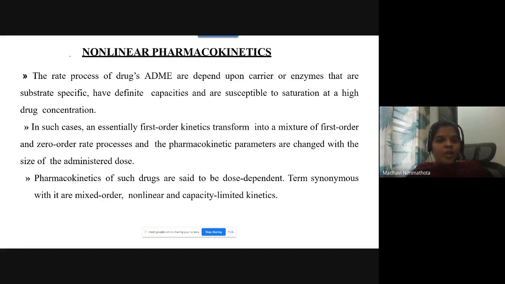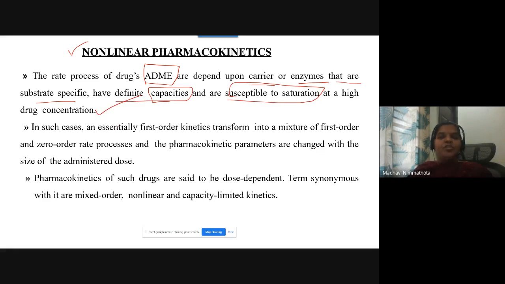Then what do you mean by non-linear pharmacokinetics? The rate processes of drug ADME depend upon carriers or enzymes that are substrate specific, have definite capacities, and are susceptible to saturation at high drug concentration. If you take more than the prescribed dosage, there will be some saturation at high drug concentration.